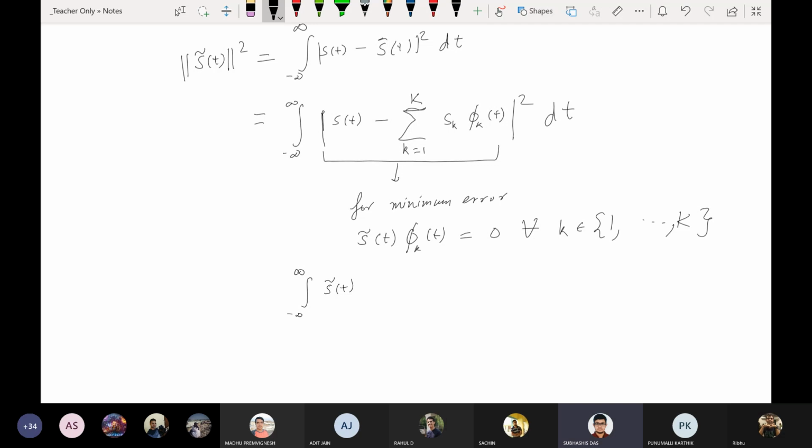Because s tilde(t) or phi_k(t) may not be zero, but their inner product may be zero. This is how we defined the inner product.